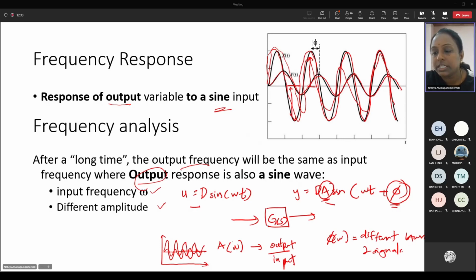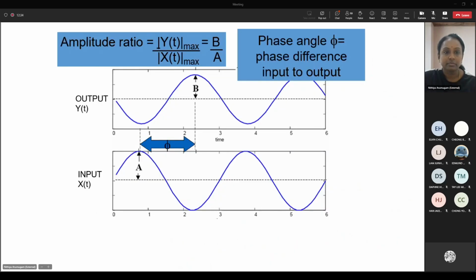Okay, so this is about the frequency response. All right. So again, like I mentioned just now, these are two different graphs. They are separated, but it's supposed to be in a single graph. This is just separated so that we can visualize the graph easily. So we have the input graph.